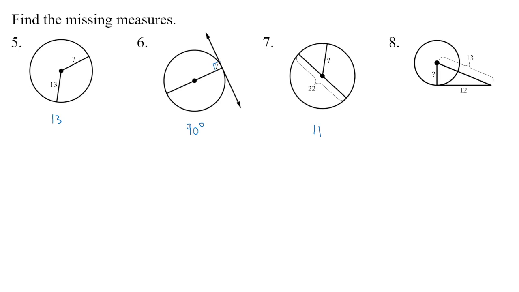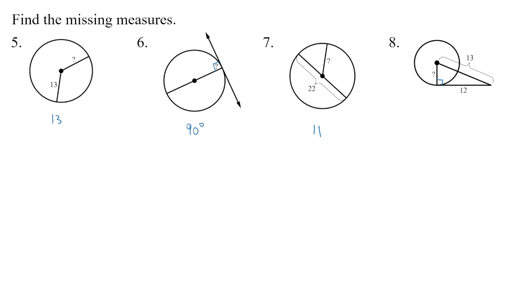Finally, it seems that we have a triangle. One side is 13, another one is 12, and they ask for the third side. But here, one of the sides is the radius, and we have another side that is a tangent. And remember, a radius is perpendicular to a tangent, which means this is a right angle, meaning that this triangle is a right triangle.